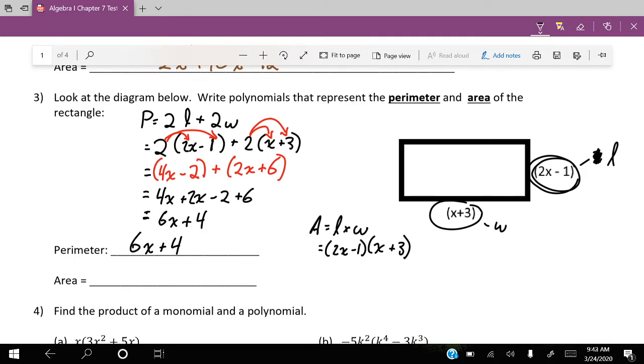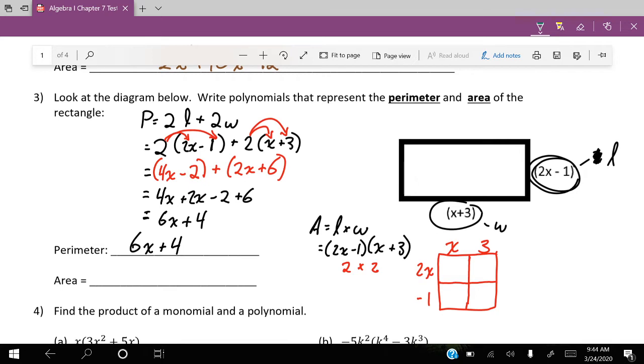Now, again, I'm going to use our box method. So I'm going to count how many terms each one of these has. The first one, 2x minus 1, is actually 2 terms. And then x plus 3 has 2 terms as well. All right, so I need to make a box that is 2 by 2. I'm going to put my first polynomial on the left side, so 2x minus 1, and the second polynomial, x plus 3, on the top.